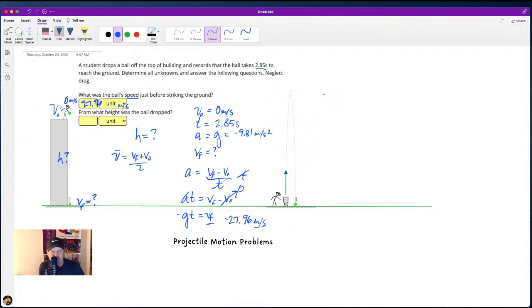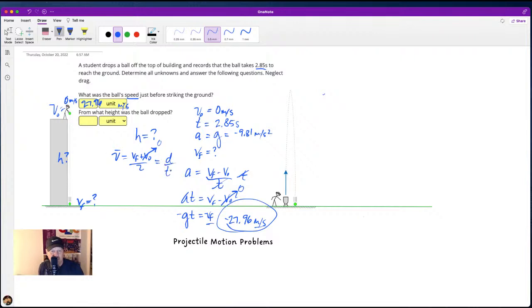Since we know V initial is 0, that's nothing, so it's basically half of V final, which we just figured out. Let's just call that 28, even though it's 27.96, we'll rough it in here. 28 divided by 2 is about 14, and that's equal to the distance over the time.